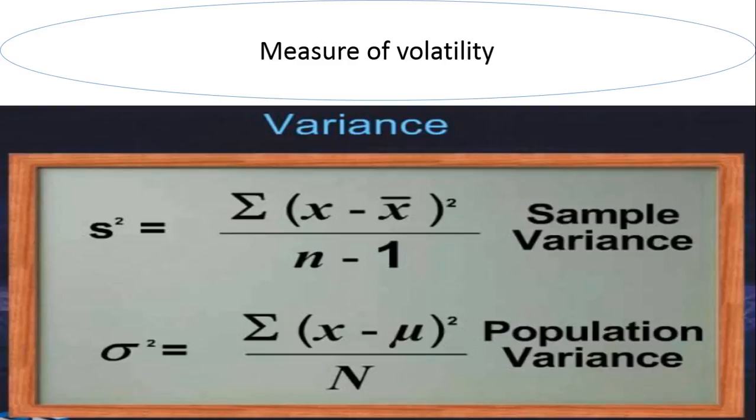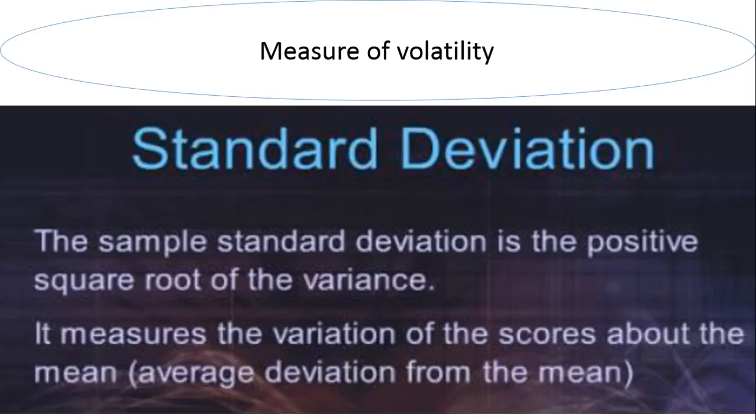So the standard deviation, as the last measure of volatility that we are going to show you here, is just the positive square root of the variance. So you have your variance, you calculate the square root, and you have the standard deviation.